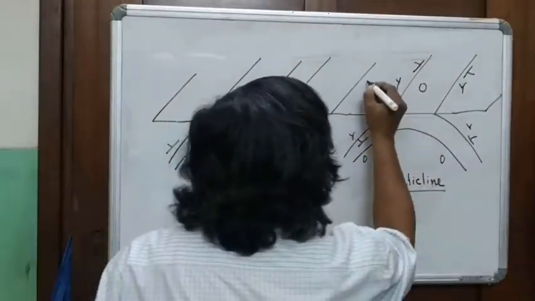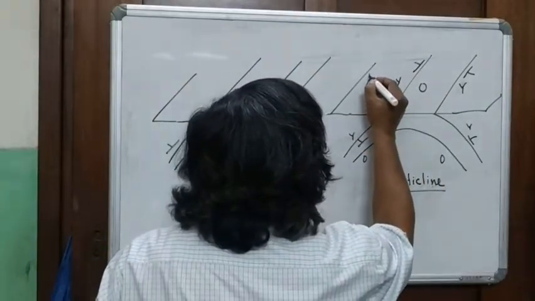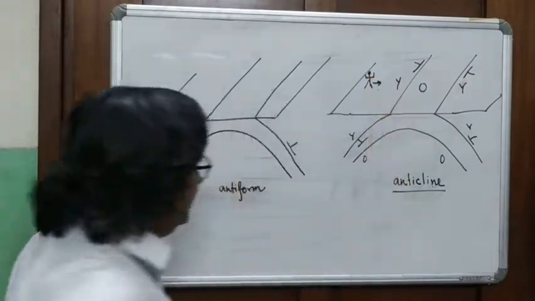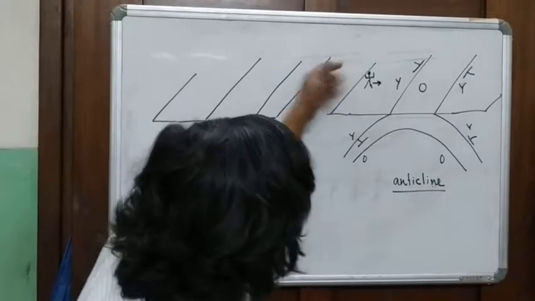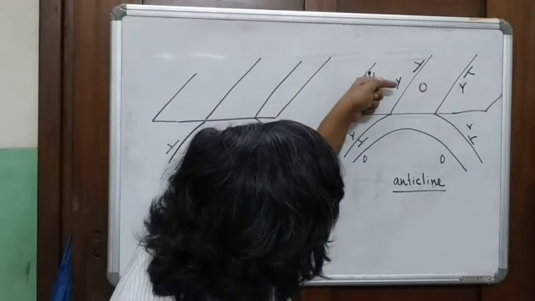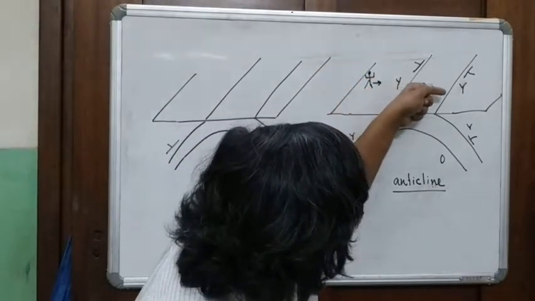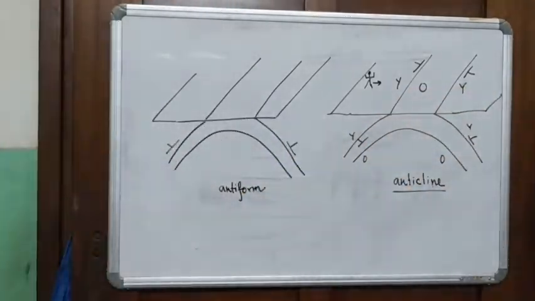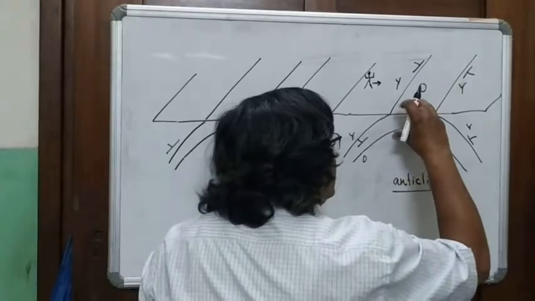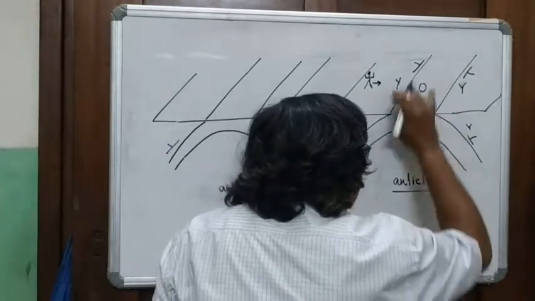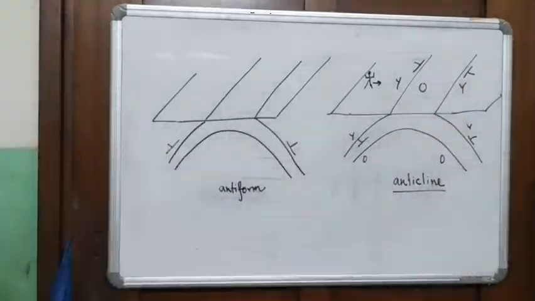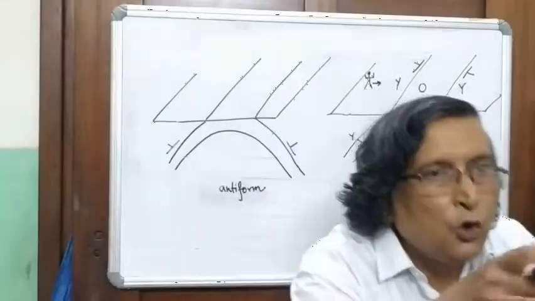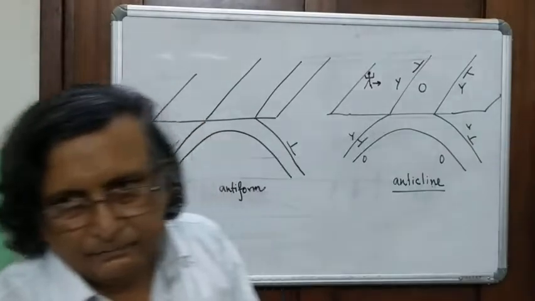So if you are, for example, walking this way, you will walk from younger rocks onto the older rocks, and then once again you will get younger rocks on either side. So the oldest rock is exposed near the hinge of the fold, or at the core of an anticline.